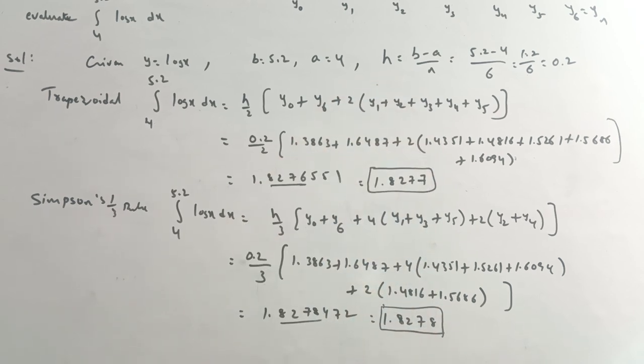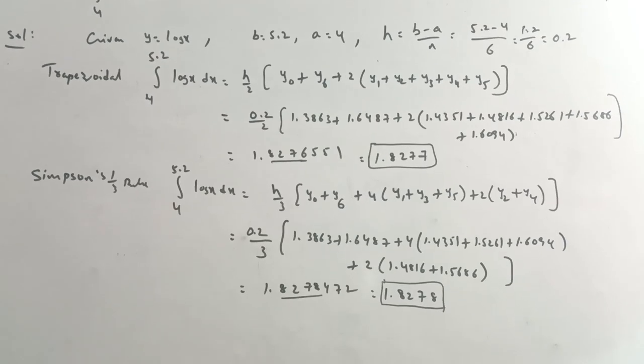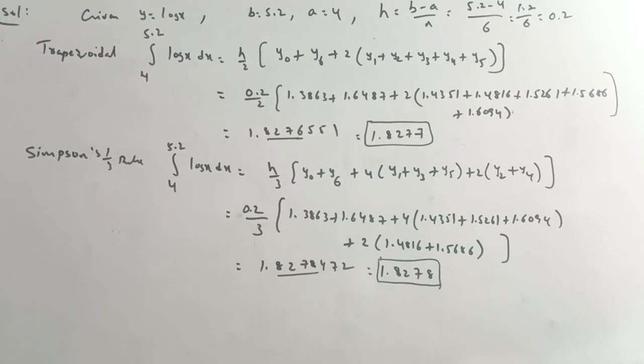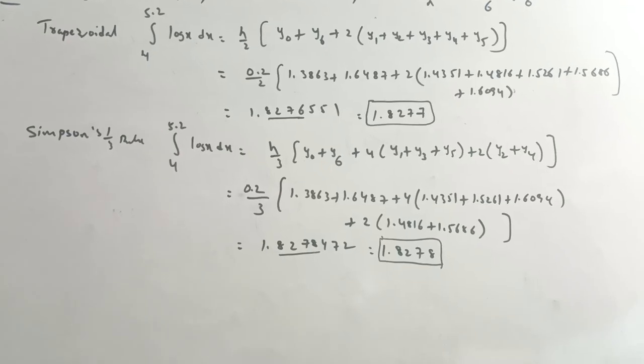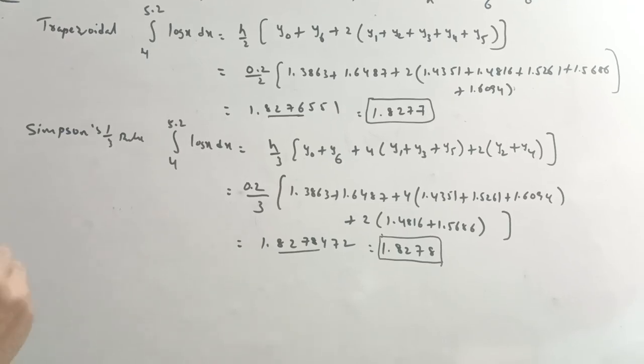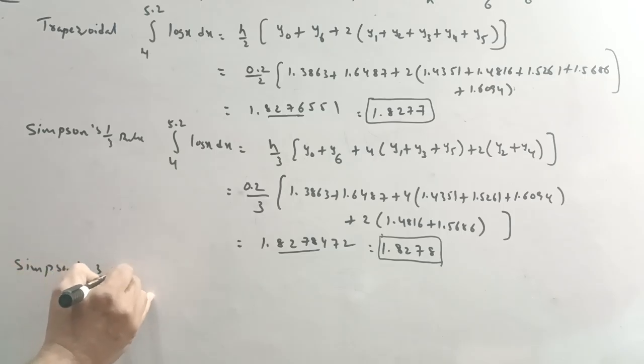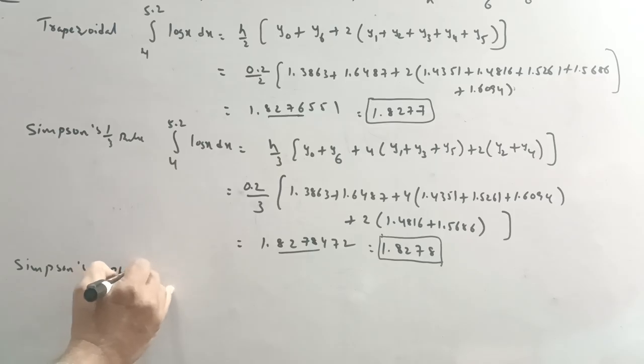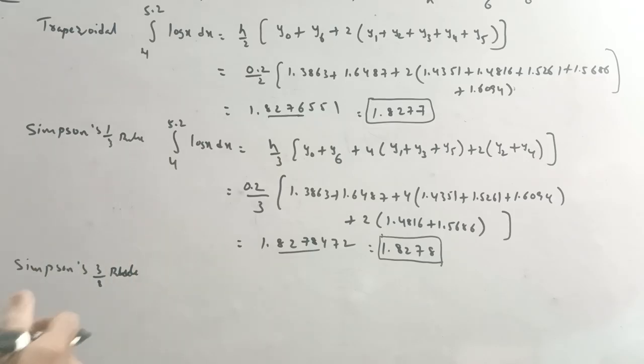Next, which formula do we have to use? Simpson's 3 by 8 rule. So what is the formula?